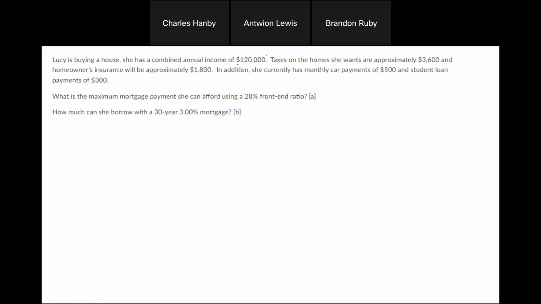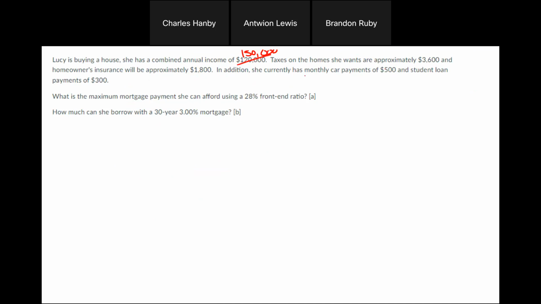So my problem, I worked this with 150,000, and then everything else was the same. All right, so Lucy's buying a house. She has a combined annual income of 150,000. Taxes on the home she wants are approximately 3,600, and homeowners insurance will be approximately 1,800. That's annual.